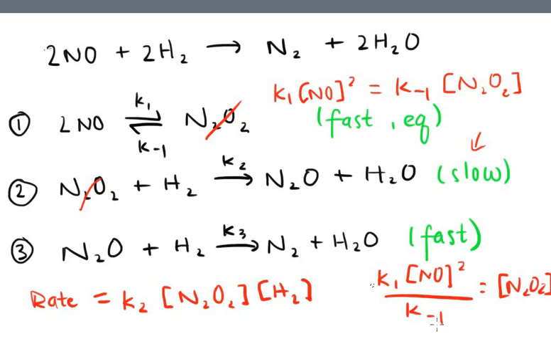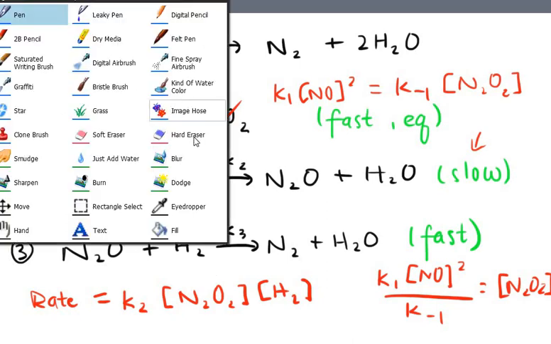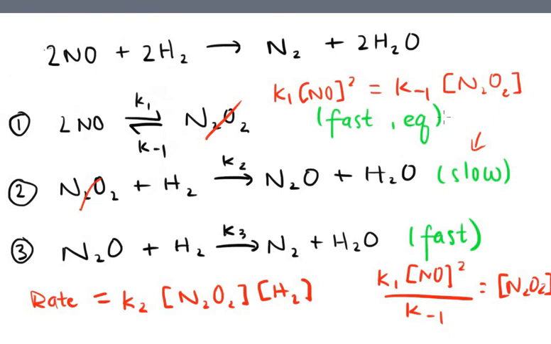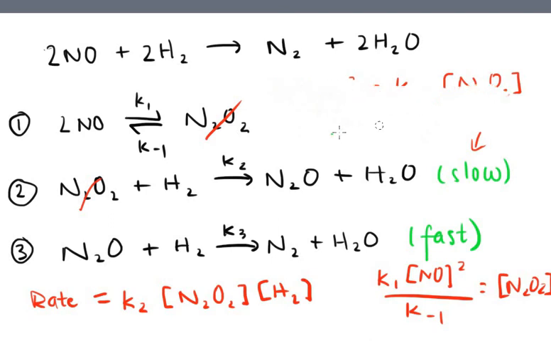Now what I can do is substitute this for N2O2. So essentially, like I said before, we're substituting what we know to get it in terms of the active species. So what I can do is substitute this.